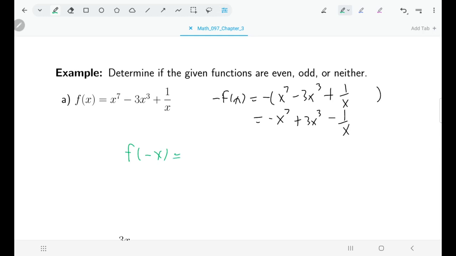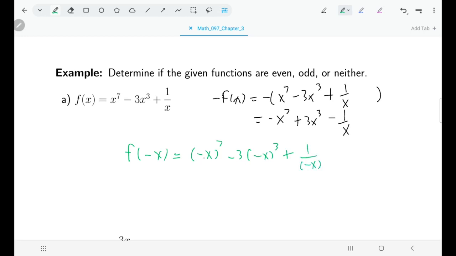So let's find out. F of negative x means we're taking our original function and replacing all of the x's with negative x's. So instead of x to the 7, it's negative x to the 7. Instead of 3 times x cubed, it's 3 times negative x that's getting cubed. And instead of 1 over x, it's 1 over negative x.